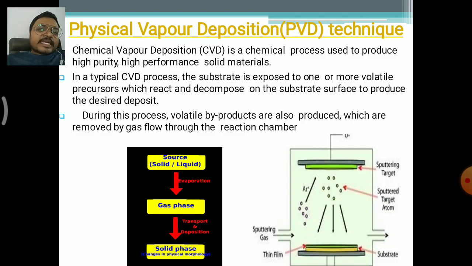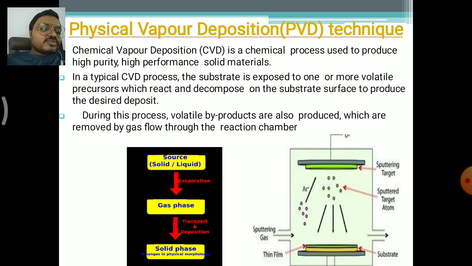Going to the right side picture, we are seeing the process of PVD. On the left side we have a sputtering gas. When we release this sputtering gas, it is directed to the uppermost part of the layer, that is the sputtering target, which we can see in the green color. Then these atoms are reflected from the sputtering target to the substrate.